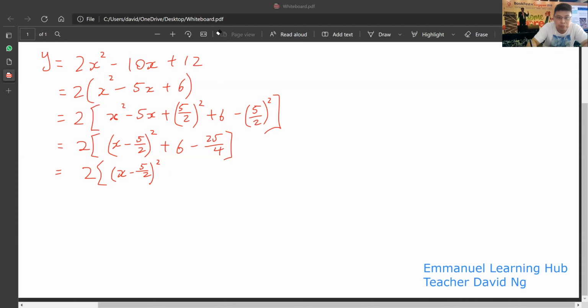But I don't get where the 5x went. The x squared minus 5x. This one I expand, I'll get back this one. Oh, okay. A squared minus 2ab plus b squared.